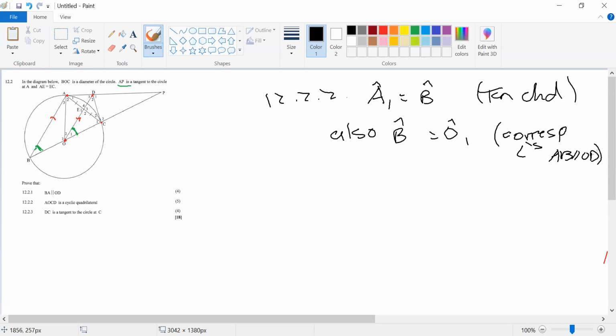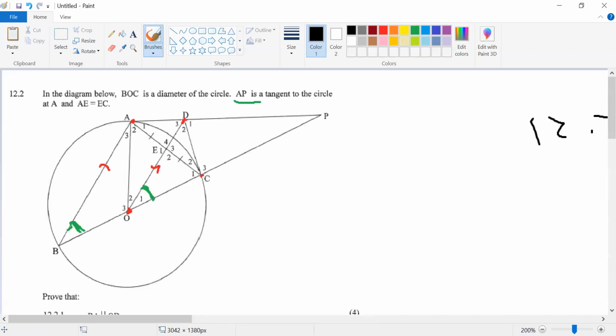Okay, so we have that part done. But if we notice, we have A1, which is equal to B, and O1, which is equal to B. So we can say, therefore, angle A1 is equal to angle O1. And this is just simply a deduction from what we have. And if we look at what that basically implies, that means that angle A1, which is there, is equal to angle O1, which is there.